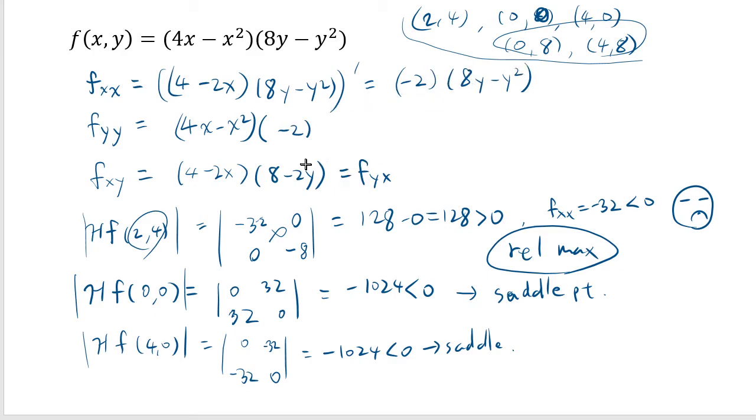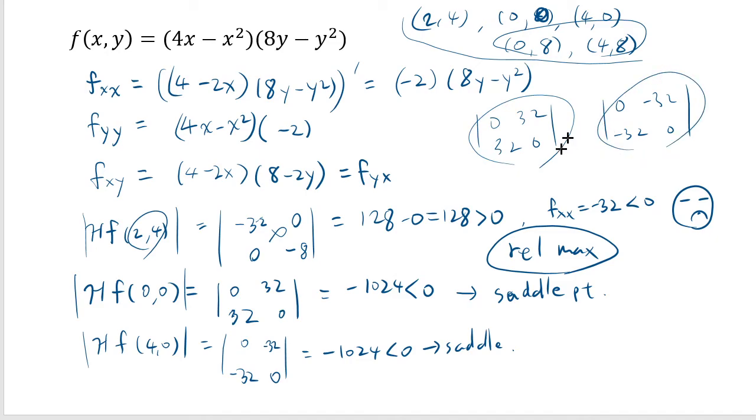But when you plug in 0 here, it'll be 4. Plugging in 8 will be negative 8. So again, in both cases, you either get 0, 32, 32, 0, or 0, negative 32, negative 32. So in either case, you're going to get a saddle.